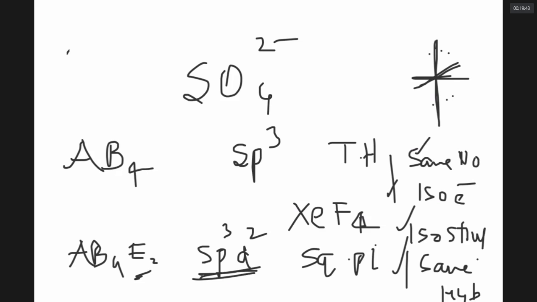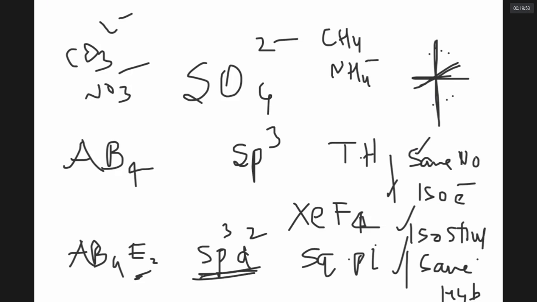Like carbonate ion and nitrate ion. Like methane molecule and ammonium ion. Any pair which has the same number of electrons is isostructural and has the same hybridization.